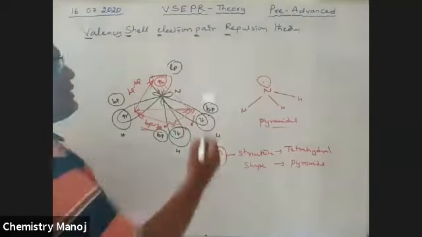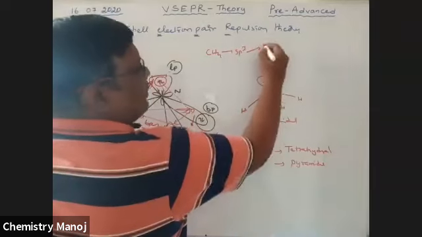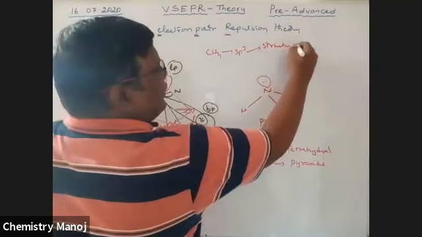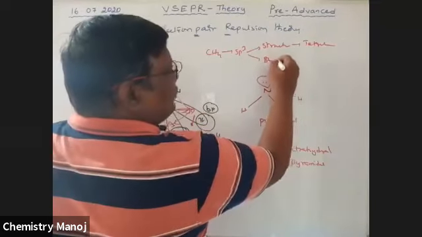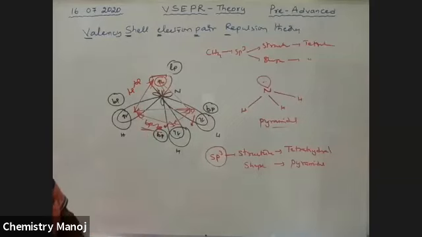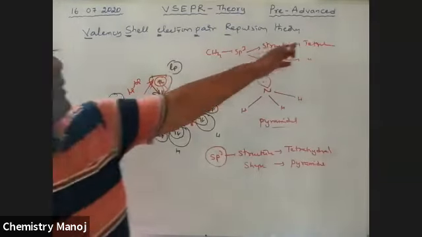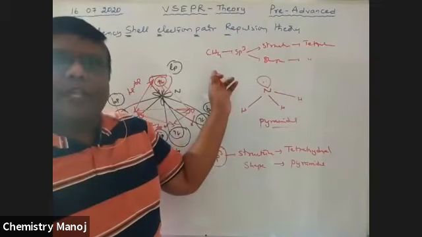But in methane, which is also sp3 hybridized, the structure is tetrahedral and the shape is also tetrahedral, because the repulsions are the same. So in methane, structure and shape are the same.